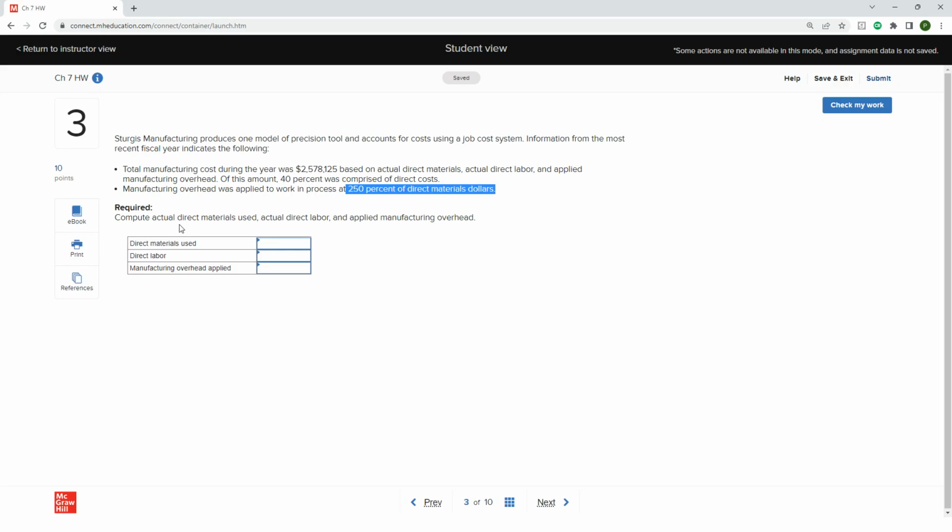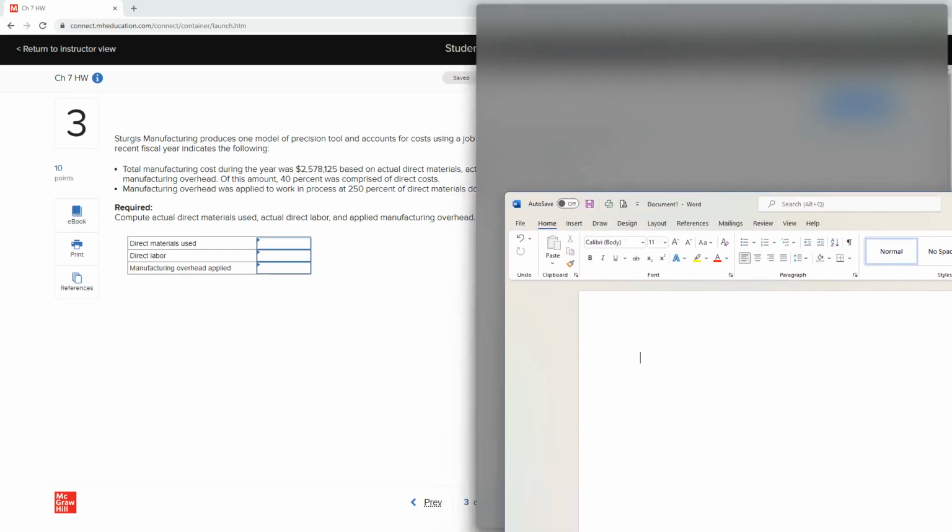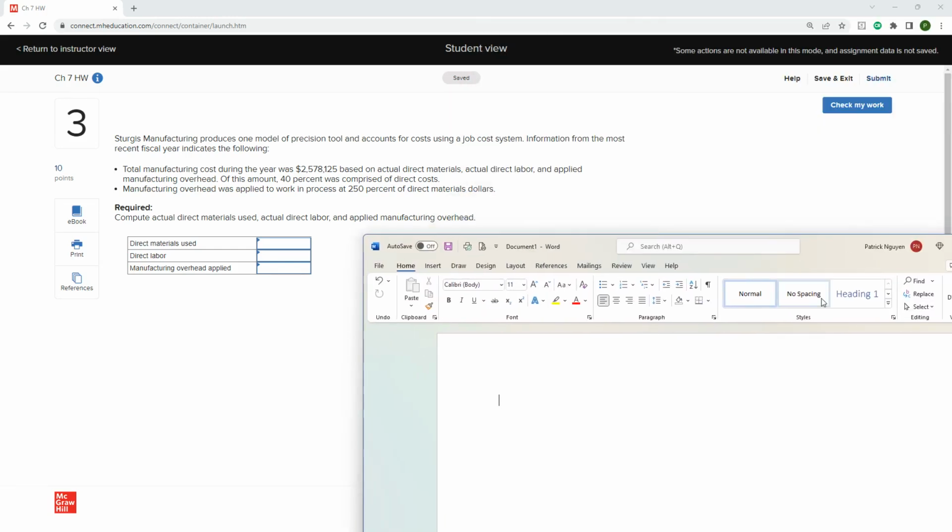So for a problem like this, the best way is to convert all of the facts in the fact pattern into algebraic equations. That's really the best way to sort something like this out. So here it says that total manufacturing cost was $2,578,125.